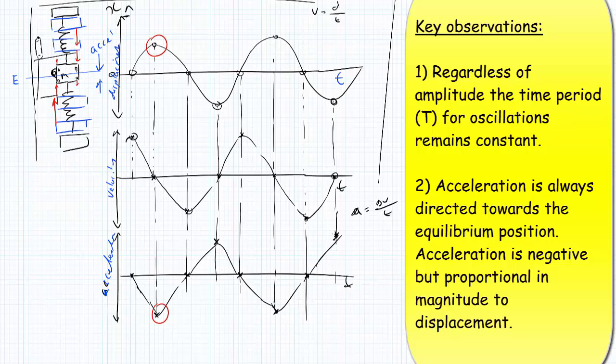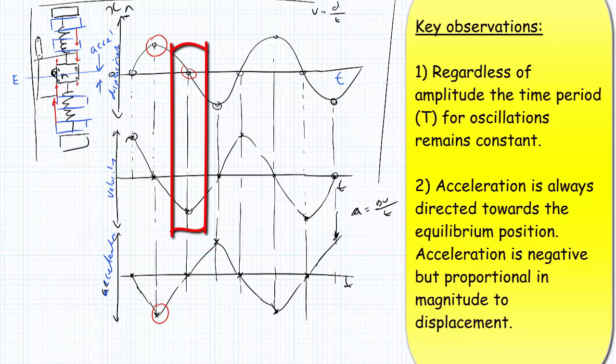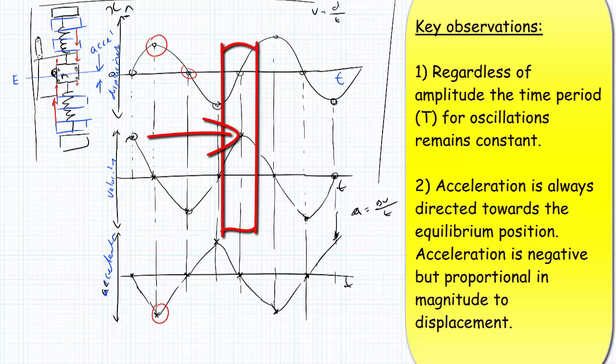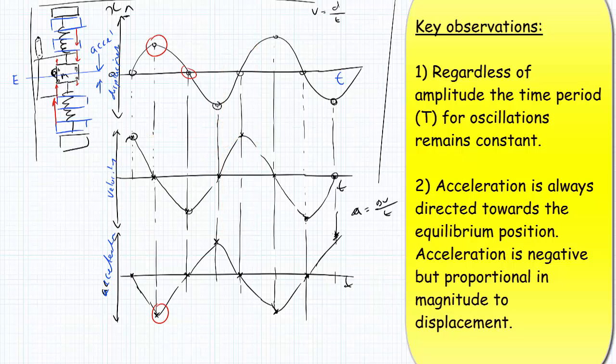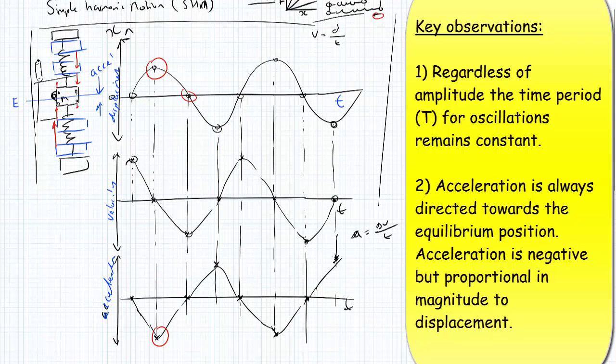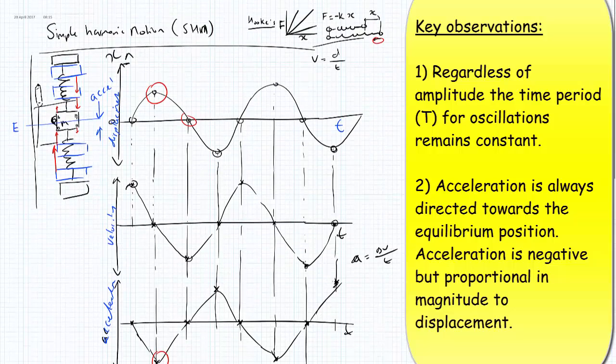Okay, we can see that at 0 displacement in the middle, you're going to have maximum velocity. Maximum velocity could be positive or negative depending on which way the spring is moving, whether it's moving up or down. We see a lot of the features of simple harmonic motion as we would already want to start to understand them.